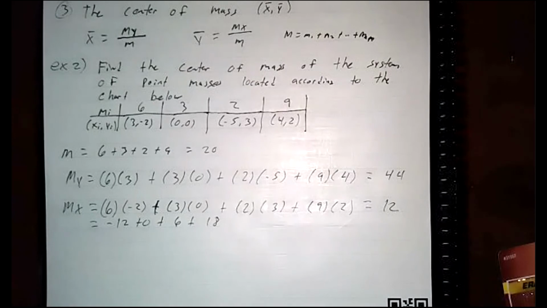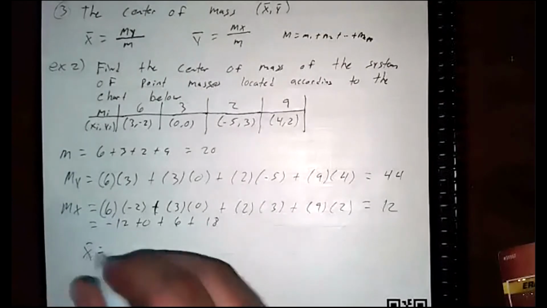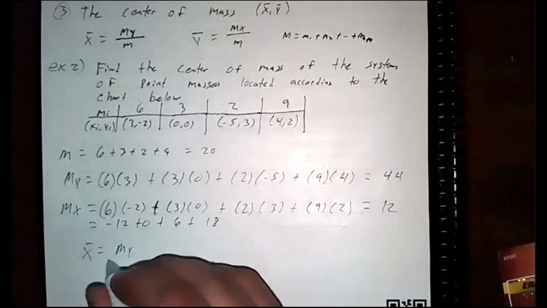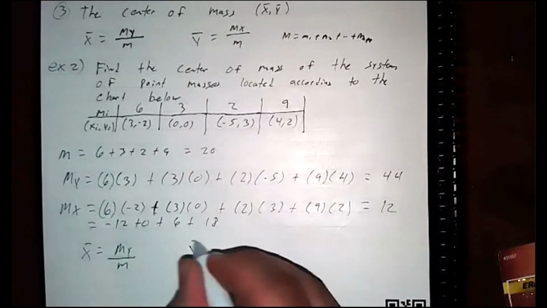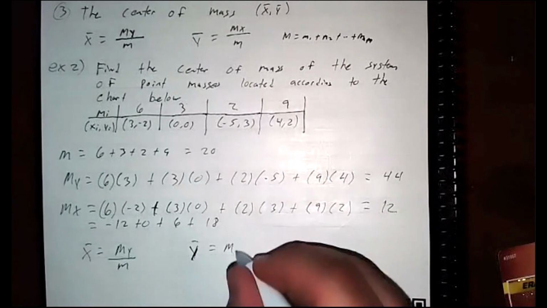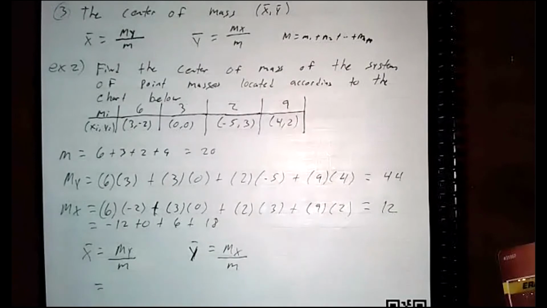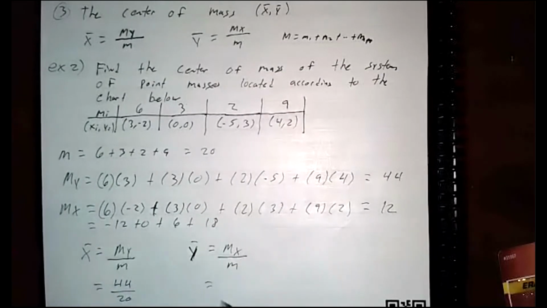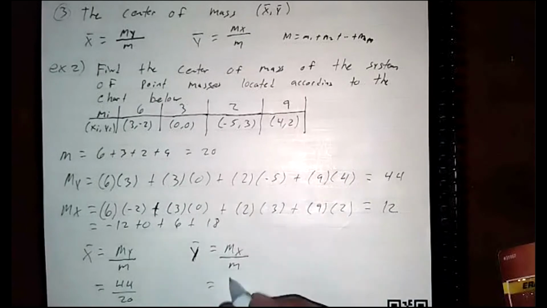Okay, now that we have that, we just follow the formula, right? Center of mass for the x value, we said is the My, the moment about the y-axis over the total mass. The y bar will be the moment about the x-axis over total mass. So that will be 44 over 20 and 12 over 20.